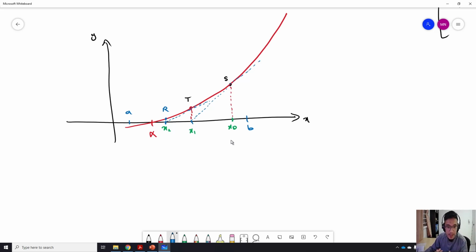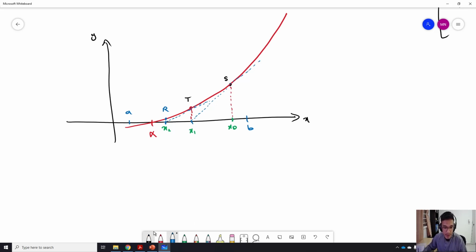From here we know that x2 is a better and closer approximation to the value of alpha, because x2 is much closer towards alpha than x1.